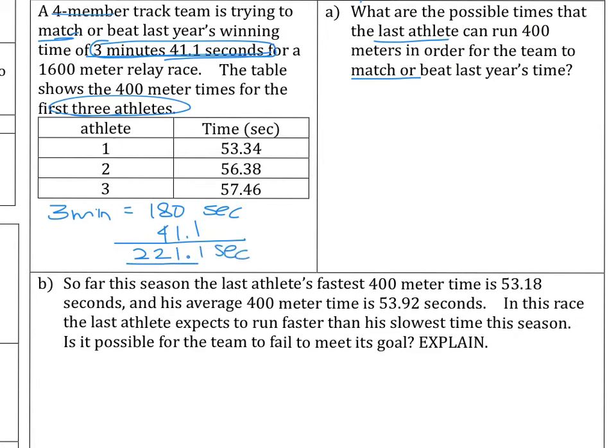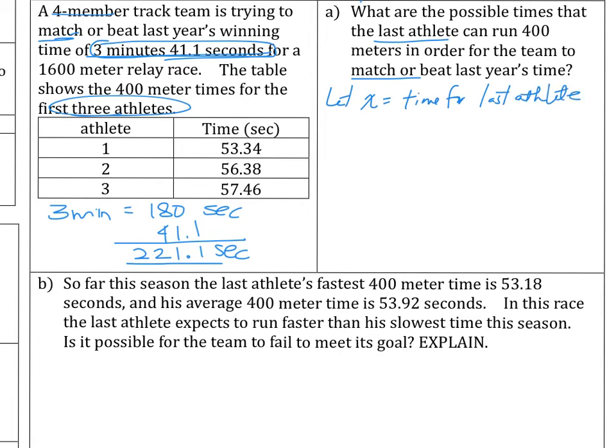Part A. What are the possible times that the last athlete can run 400 meters in order for the team to match or beat last year's time? So I need to let x equal the time for the last athlete.